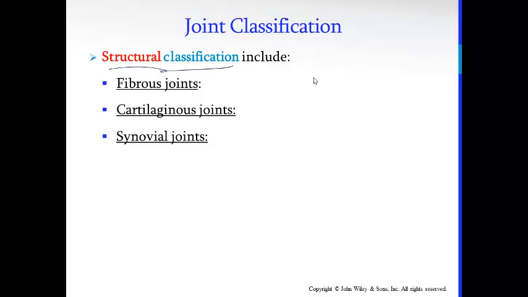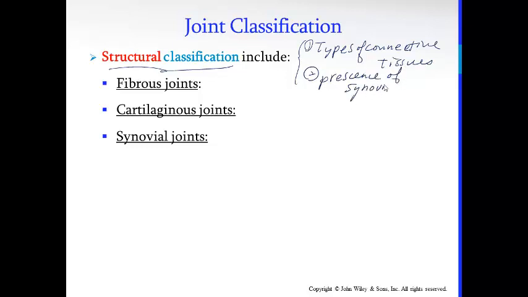We can classify them based on their structural differences by taking a look at the types of connective tissues that are involved, and also if there is a presence of a synovial cavity. So we can classify them as fibrous joints, cartilaginous joints, and synovial joints.